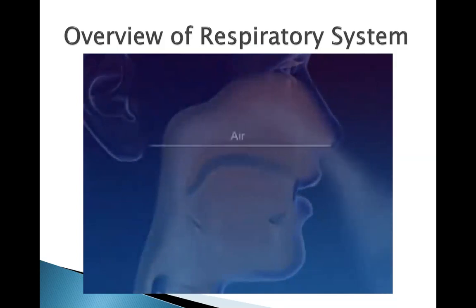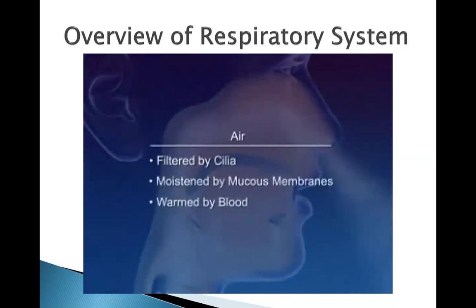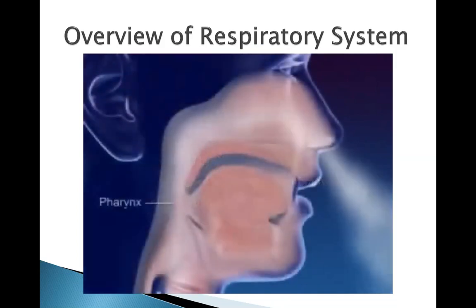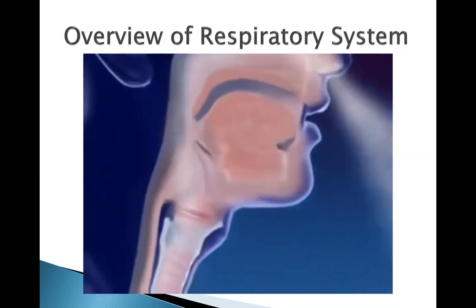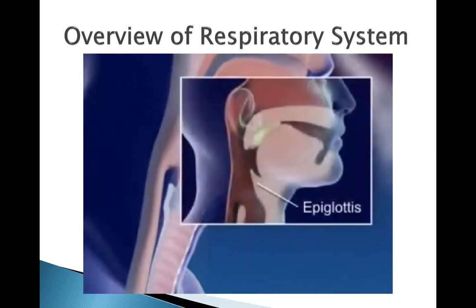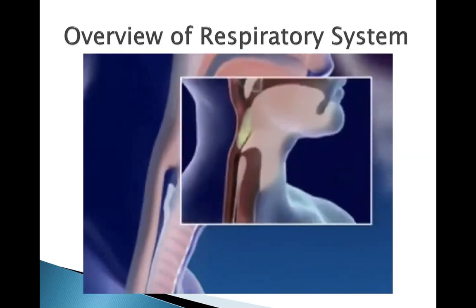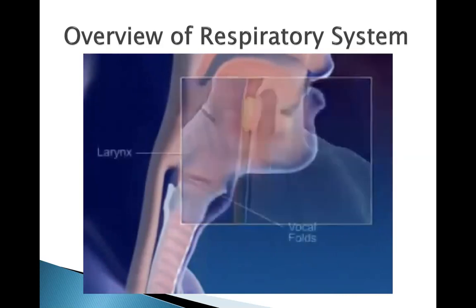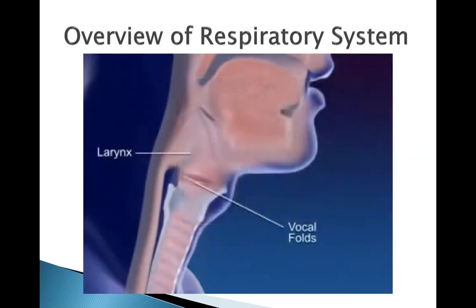The air is filtered by cilia, moistened by mucous membranes, and warmed by the blood. Air moves into the pharynx or throat, the common passageway for food and air. Air continues on to the larynx. The epiglottis, a flap of tissue in front of the larynx, closes off the larynx when swallowed to prevent food from entering. The larynx, or voice box, contains the vocal folds.